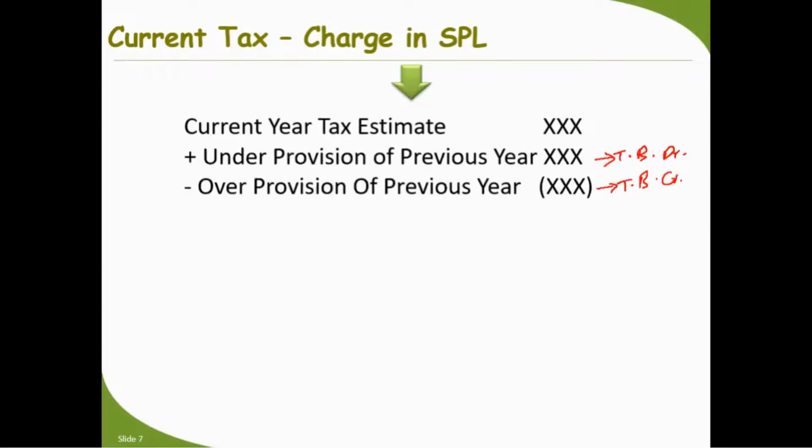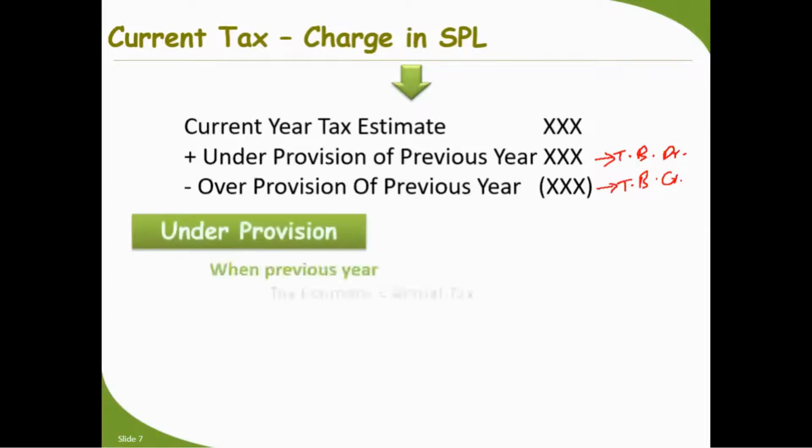Once the tax authorities determine their tax claim, which would be based on taxable profits times tax rate, you will calculate under or over provision. So in the current year, you are supposed to adjust the previous year's under provision or over provision. The previous year's under provision would be on the debit side and over provision would be on the credit side.